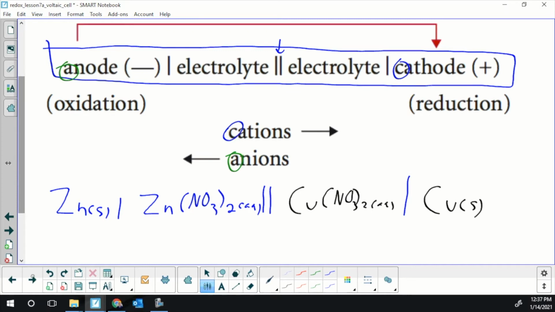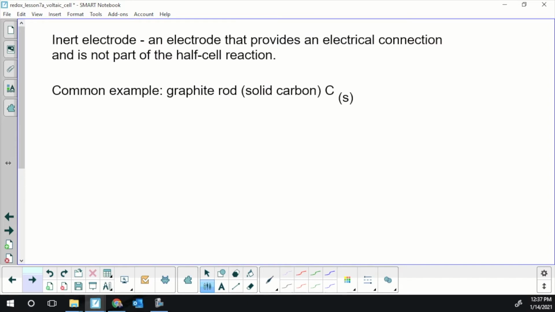So we're going to need something to act as that terminal, the actual positive terminal of the battery or the negative terminal if there's no solids in the half reaction. So we're going to add in an electrode, but we call it an inert electrode. It's not an OA, it's not an RA, it's just something to act as where you attach the positive or negative wire to.